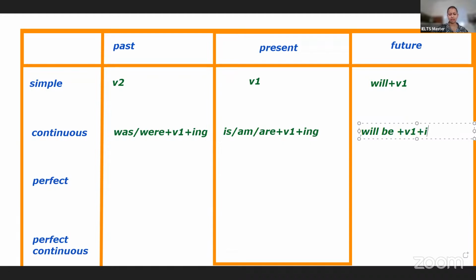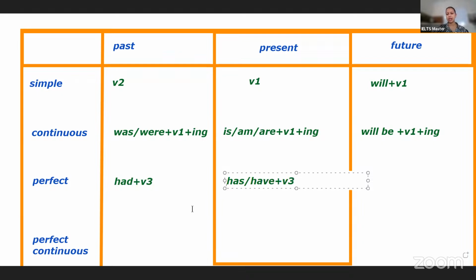If I talk about past perfect, we use had plus V3, that is past participle. Then we use has, have plus V3. And for future, we use will have plus V3. In perfect, we always use have plus V3, the third form of the verb.